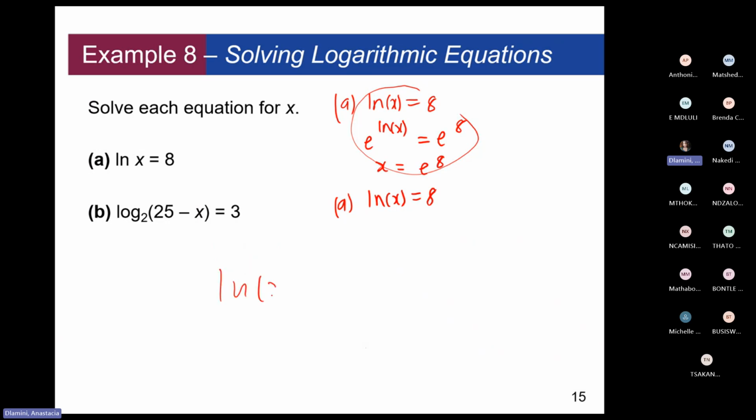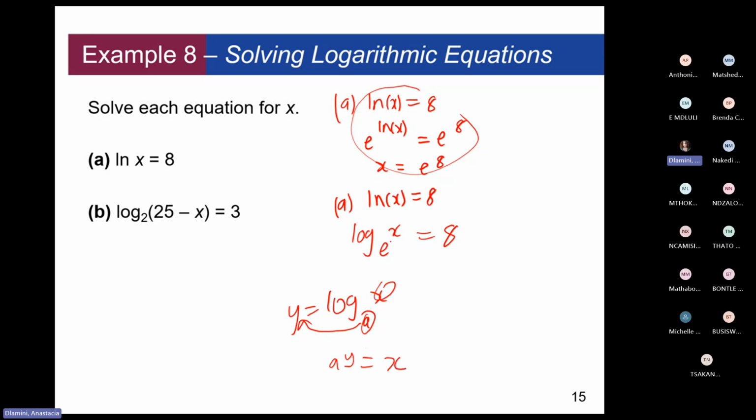We know that ln of x is the same as log of x base e. So we can come here and write log of x base e is equals to y. And we say that if we have y is equals to log of x base a, then we take a raised to the power of y, so a to the power of y should be equals to x.